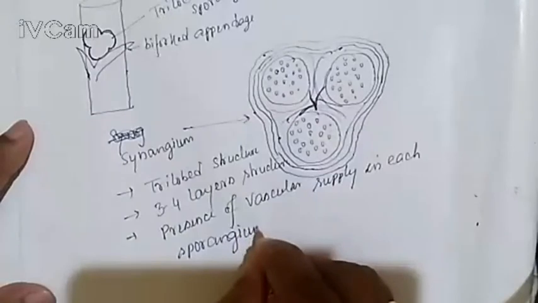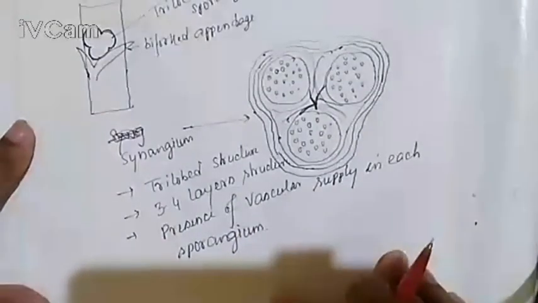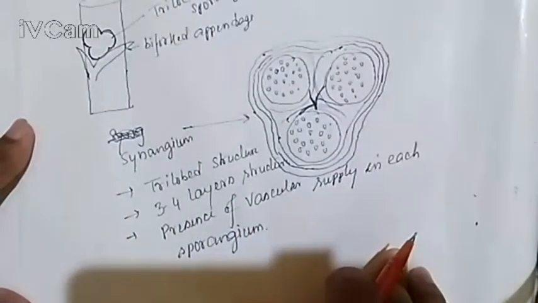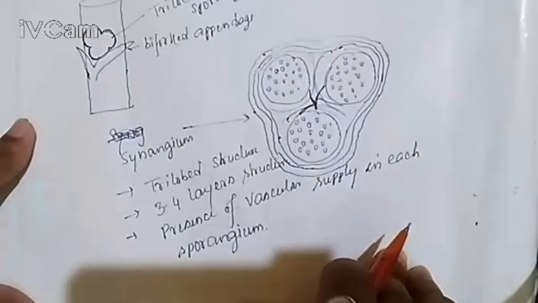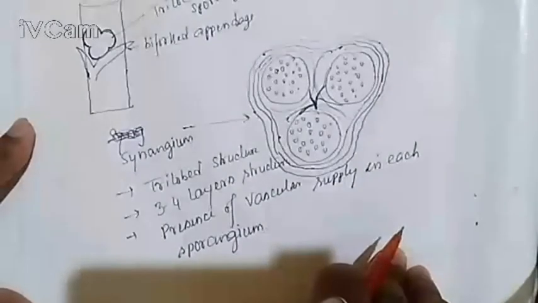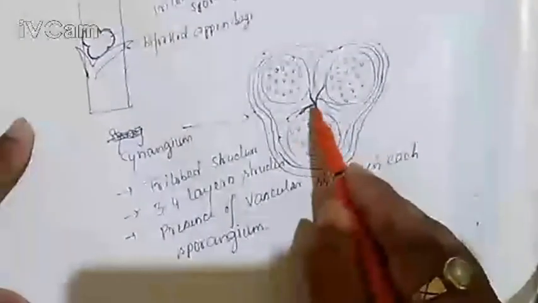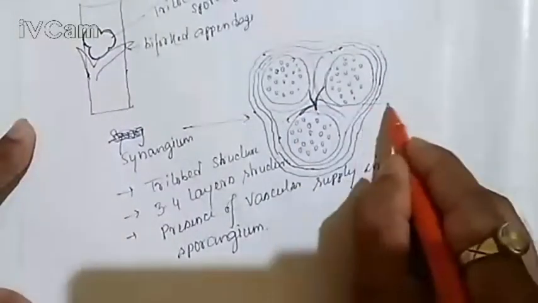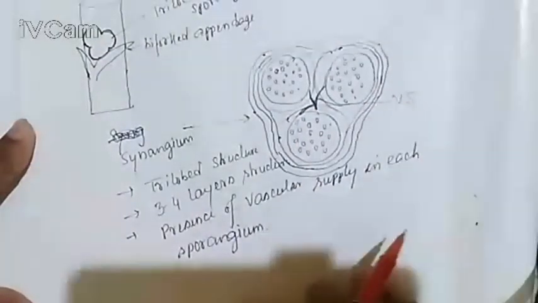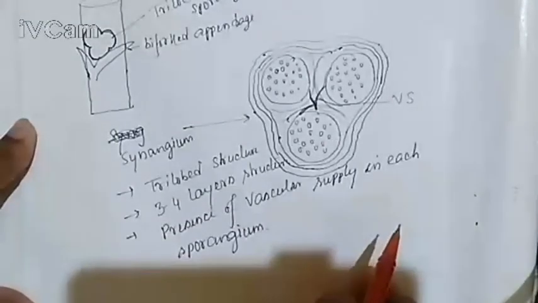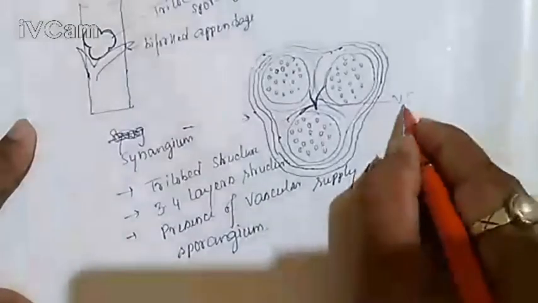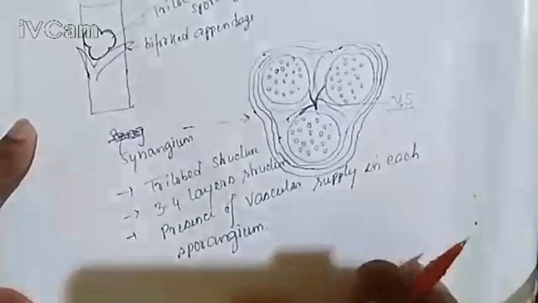This is the most important character. I repeat again, pteridophyte is the first vascular land plant within the plant kingdom. So in this fern you can observe the presence of vascular supply, shortly VS, not vertical section here, this is vascular supply.